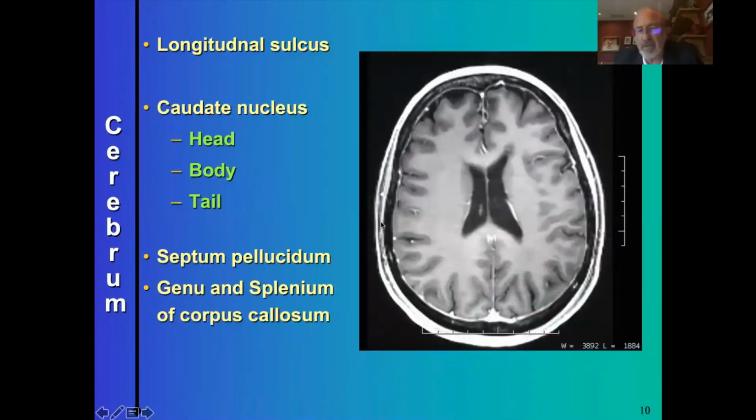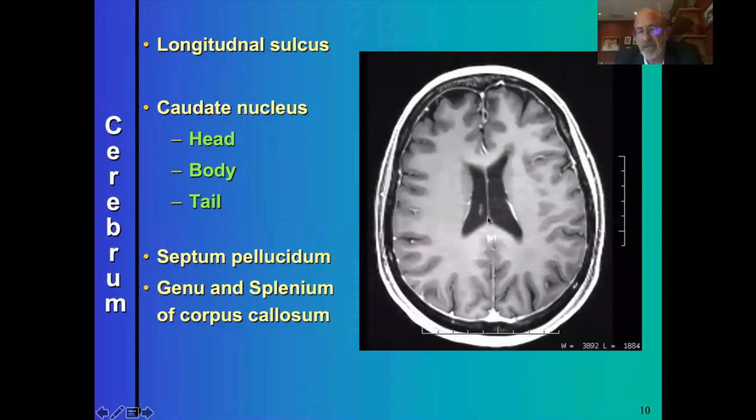Continuing down the cerebrum, you now get better definition of the lateral ventricles from that standpoint. And what you see right here is a line, a lamina, a membrane that separates both of the lateral ventricles, called the septum pellucidum. So the septum pellucidum is a really important landmark right through here. You see it kind of stand out.